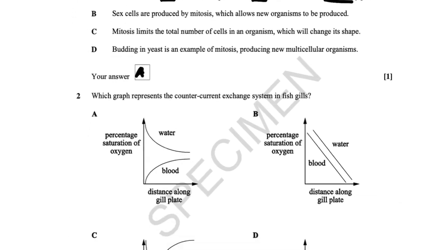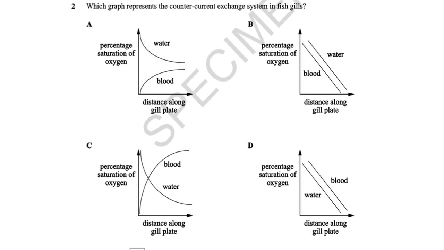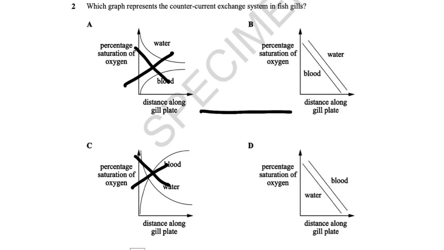Then leads on to which graph represents the countercurrent exchange system in fish gills. Well, two things to exclude instantly are A and C. Remember, countercurrent flow involves blood flowing in an opposite direction to the flow of water.